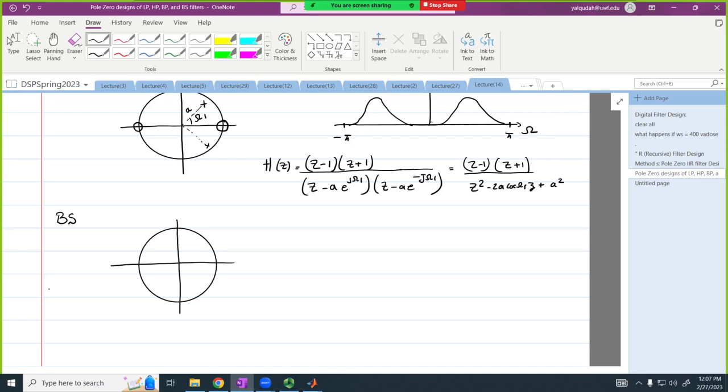Let me plot the frequency response first. How is that? Okay, so what we want this to look like is something like this. And it's symmetrical.